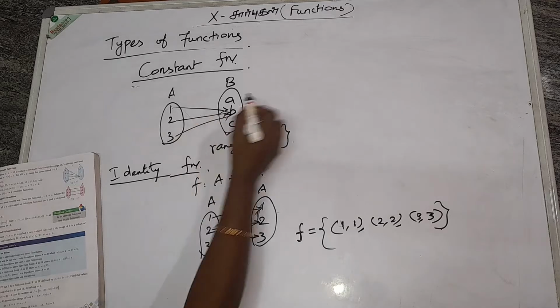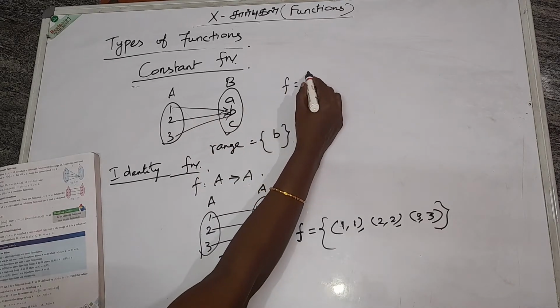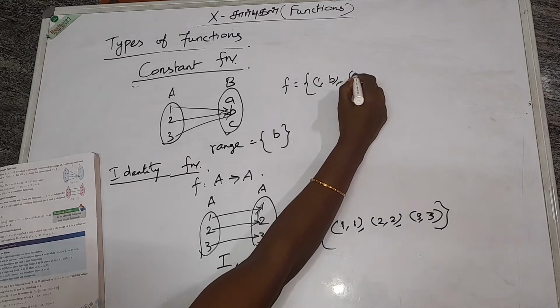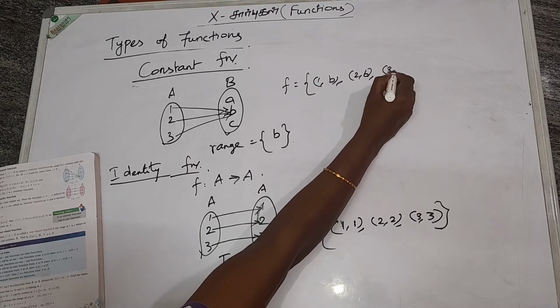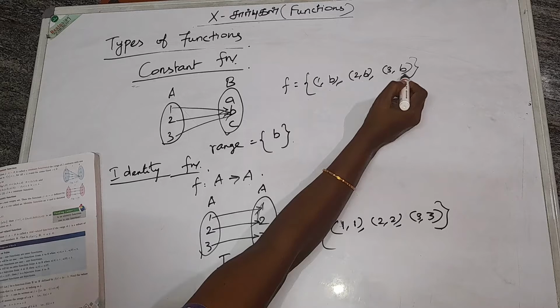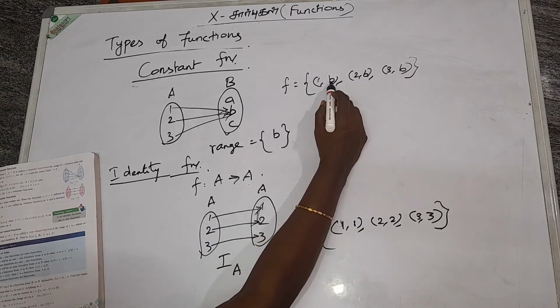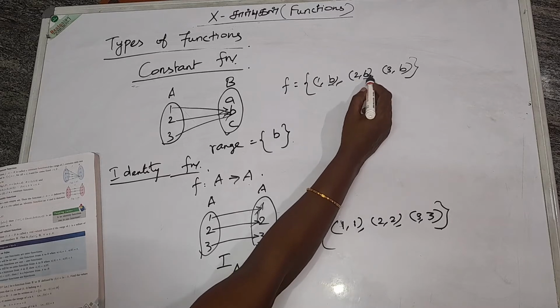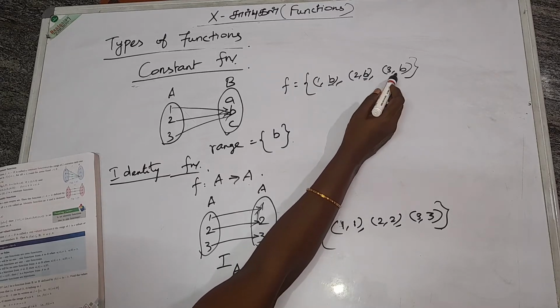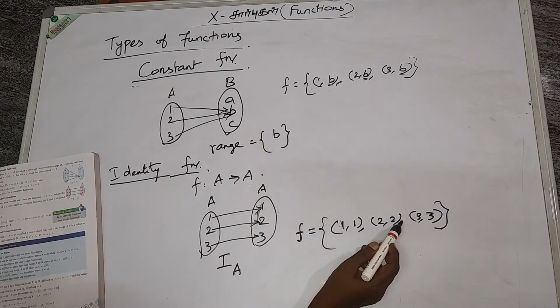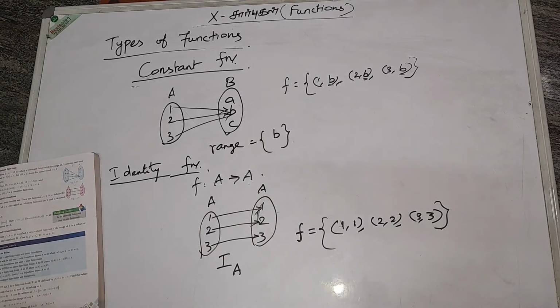In a constant function, the ordered pairs are 1, C and 1, B and 2, B and 3, B. So if you see the ordered pairs, then we can say whether it is a constant function or an identity function. If the image of every element in the domain is the same, it is a constant function. If the image and pre-image are both the same, it is the identity function.